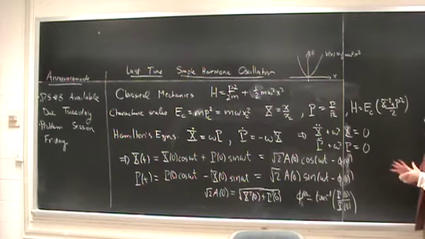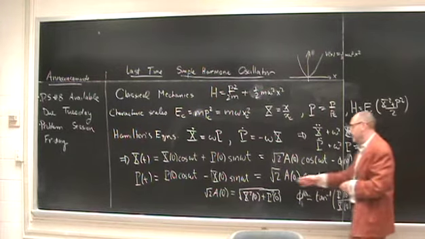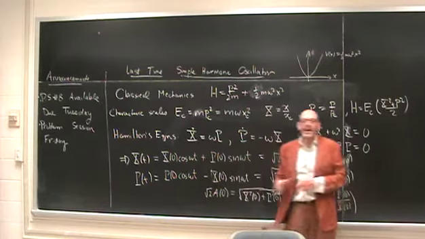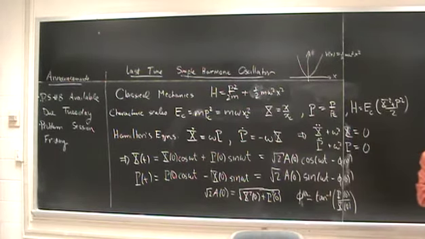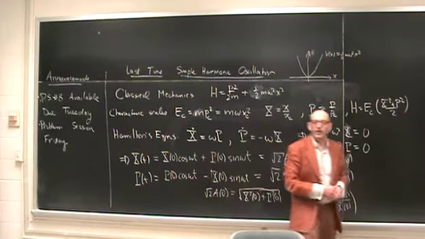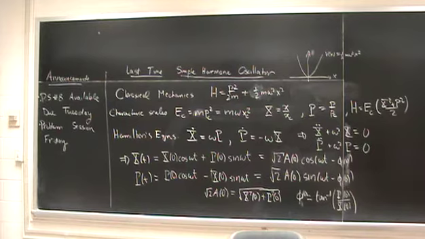And of course, they're interrelated with one another, right? The amplitude is the Pythagorean theorem length of that vector. And the phase is the argument of the ratio of p and x.